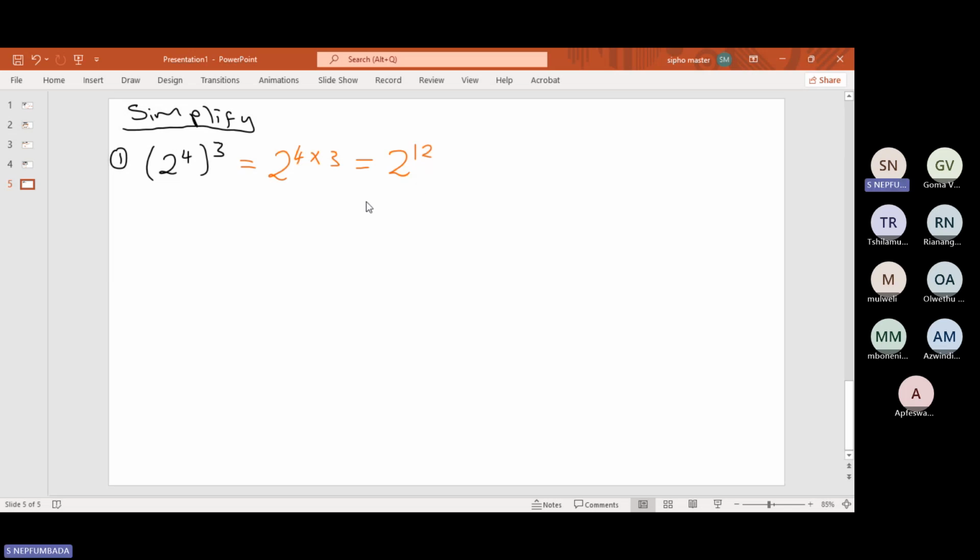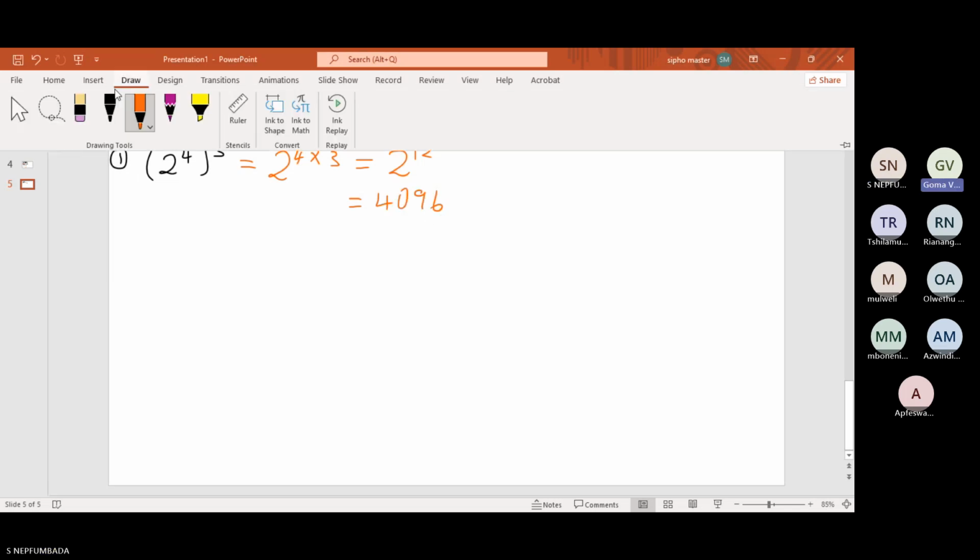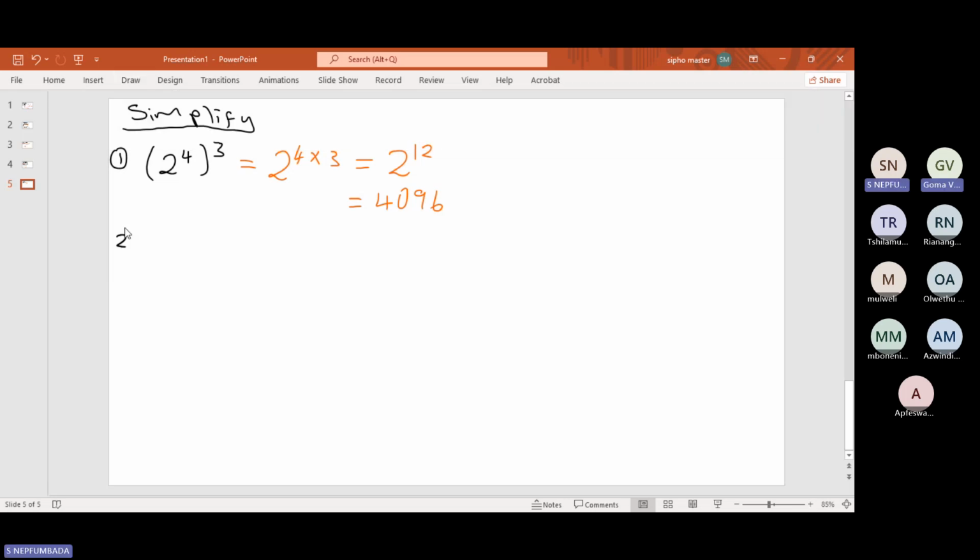When you press your calculator, what do you get? 4096. So let's go to number 2. Let's say they say the square root of 9 to the exponent of 4.